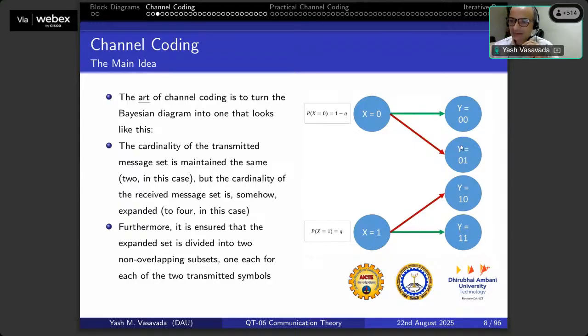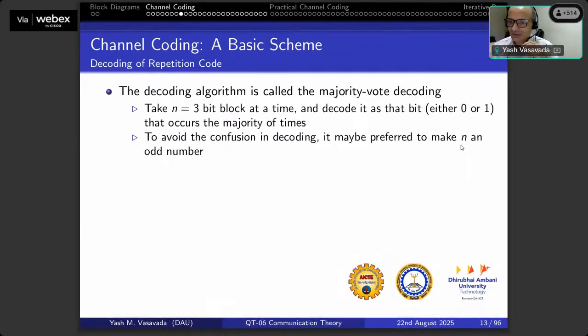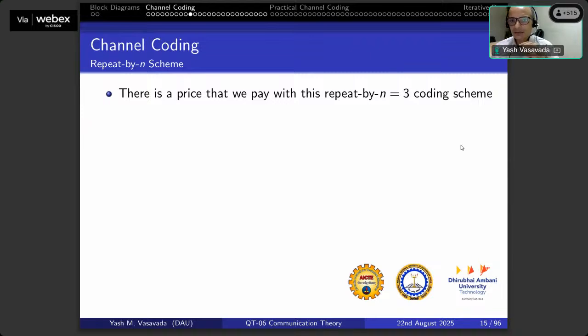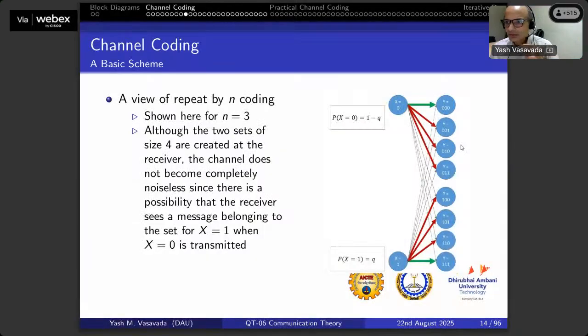But if we just assume that somehow those gray connections are not there, then we have achieved already what we want to do, which is turn a noisy channel into a noiseless channel.